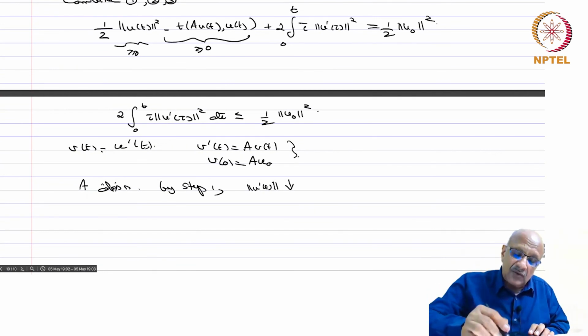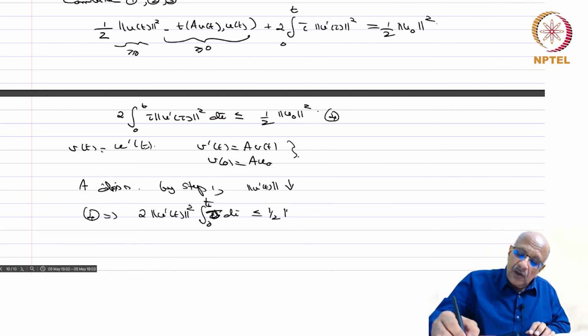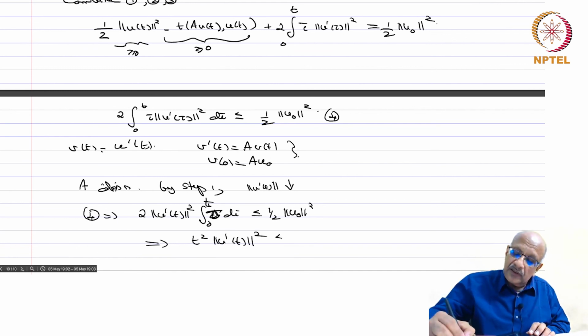So now it decreases, and this is 4, so 4 implies that 2 times norm u'(t) squared times the integral from 0 to t of tau d tau is less than or equal to 1/2 norm u(0) squared. Now this integral is nothing but t squared by 2, and therefore t squared norm u'(t) squared is less than or equal to 1/2 norm u(0) squared.